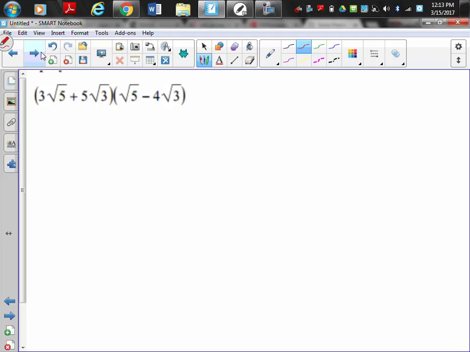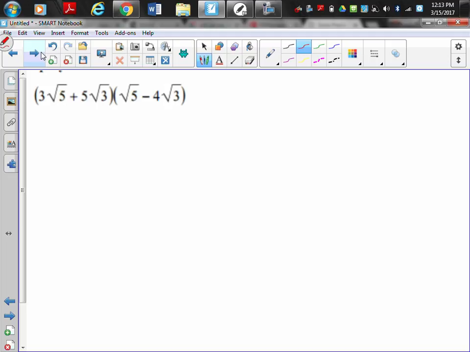Now, the only thing different between the problem I just did and this one is that this one has radicals instead of variables, but you do it exactly the same way. Now, some of you like to use FOIL: first, outer, inner, and last.